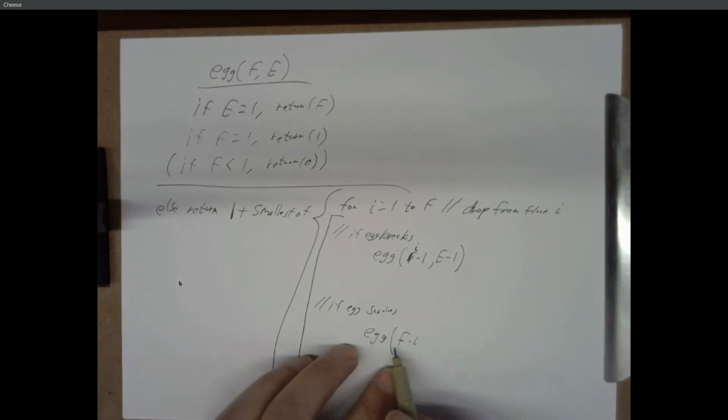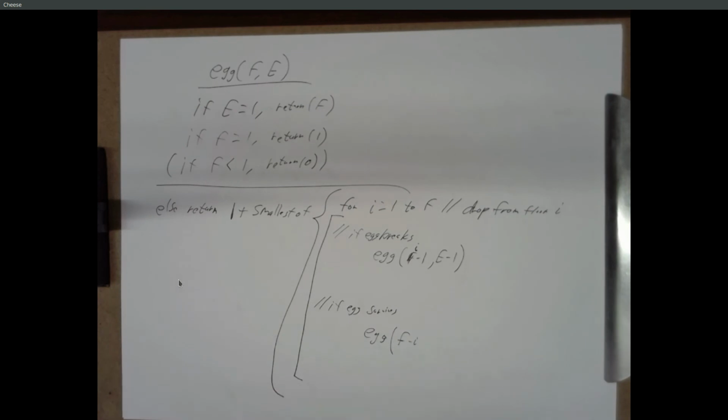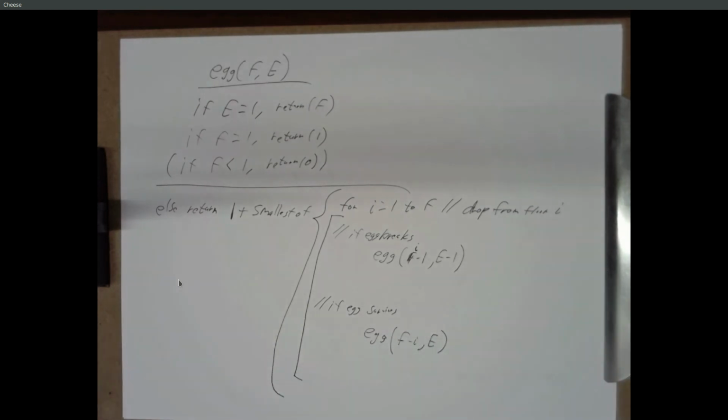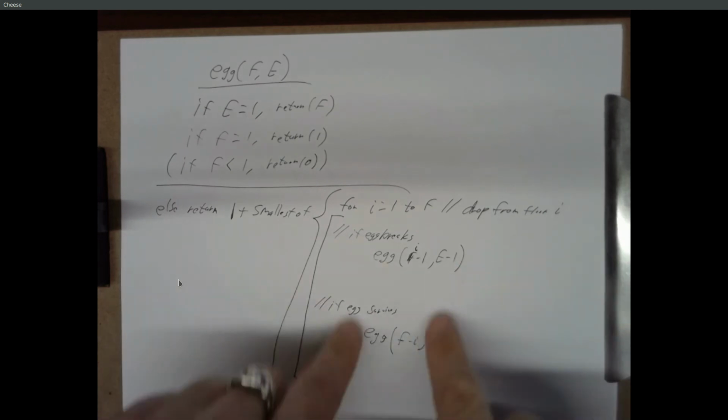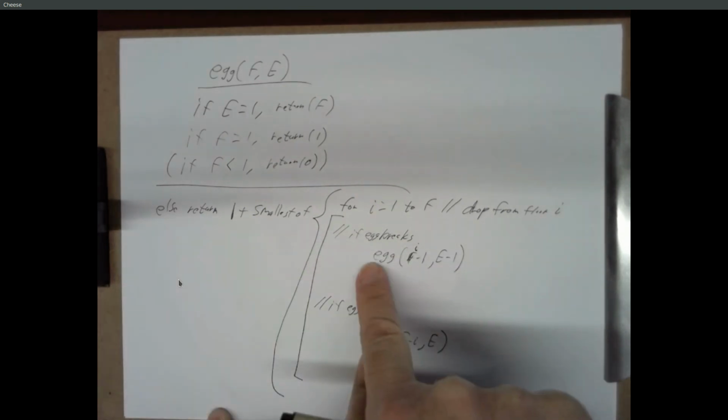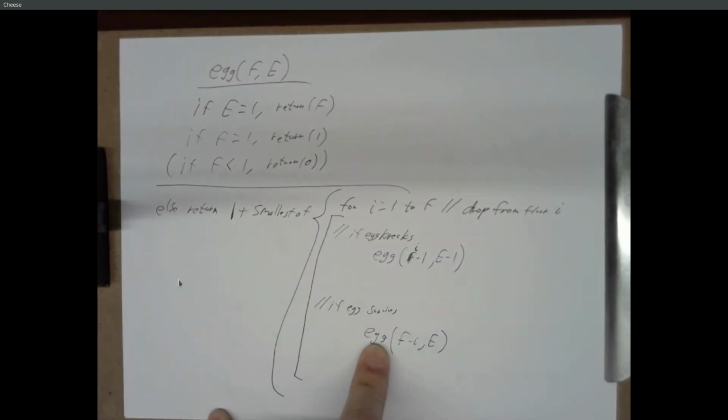So it's the total number of floors in the building minus the floor that we just dropped it from. And we still have E eggs left. And so one of these will tell us how many experiments we need, depending on whether after our first experiment the egg broke or the egg survived.